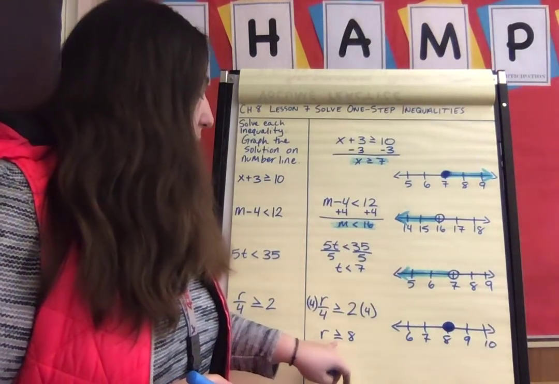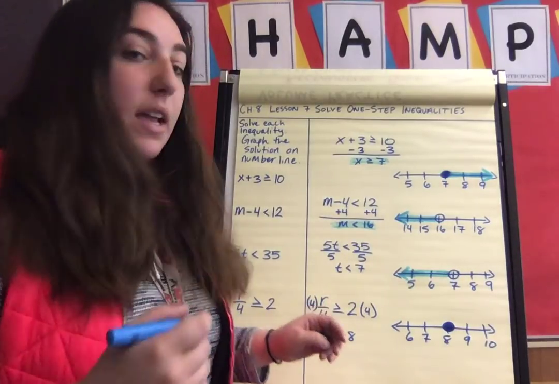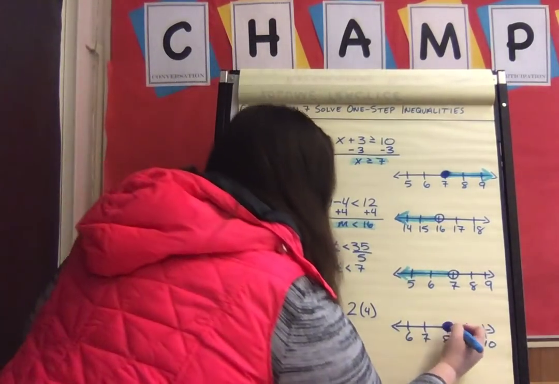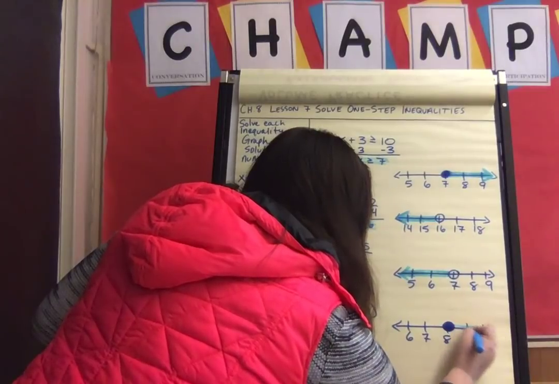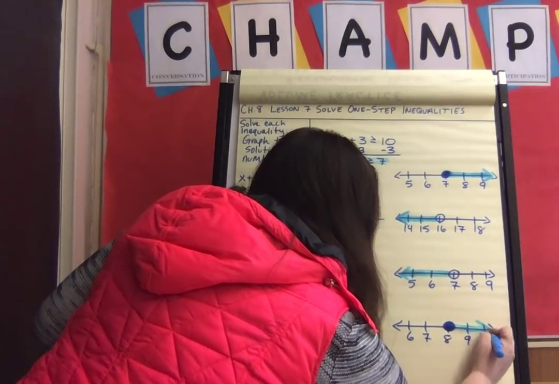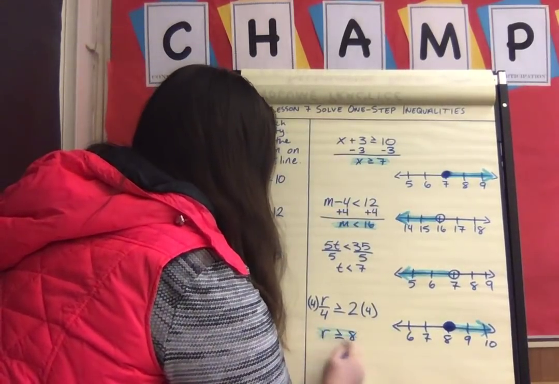Now the answer is greater than or equal to 8, so I'm going to shade in everything that's greater than 8. Once again, I am shading this in.